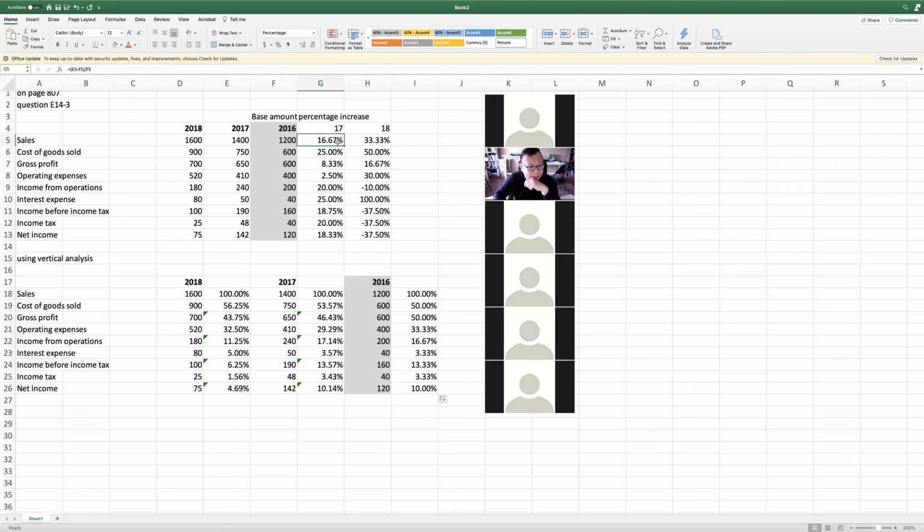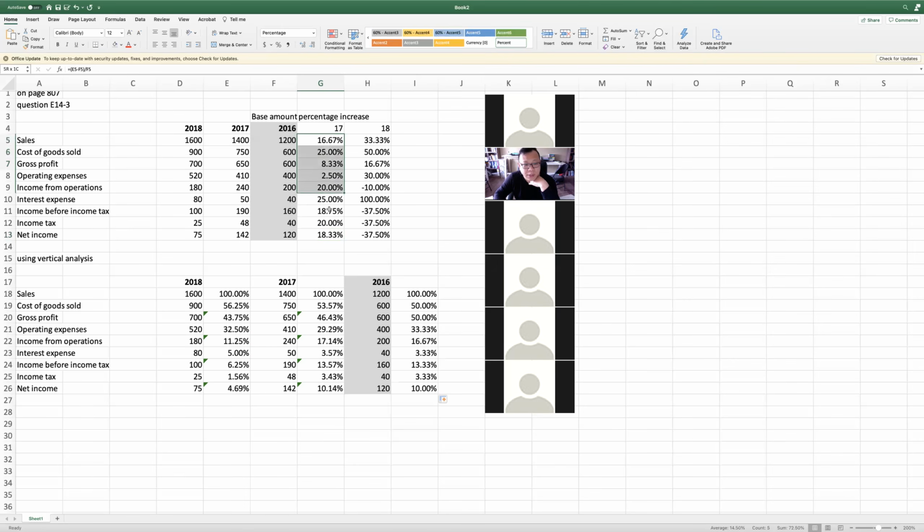So that's kind of interesting, because you increase 16% sales and the cost of goods sold is 25%, right? And then your gross profit increased number-wise by 8.3%. And your net income increased 18.33%.